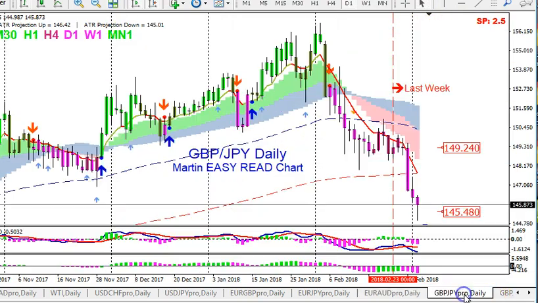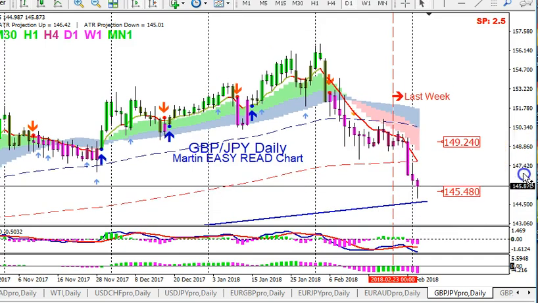And finally, we get the British pound, Japanese yen. Against the Japanese yen, the British pound has been really weak, and I've drawn in a longer term trend line. You could look at sells below 145.48, just because everything seems to be going down here.